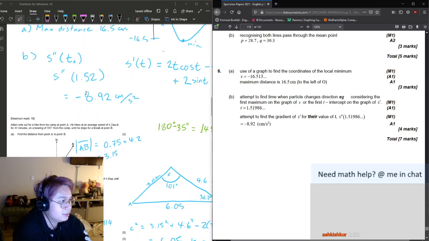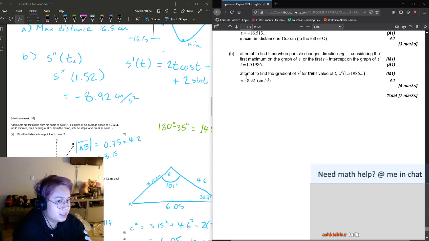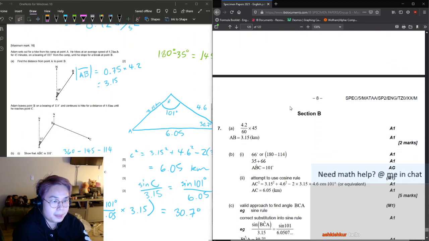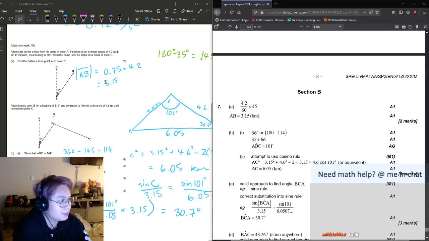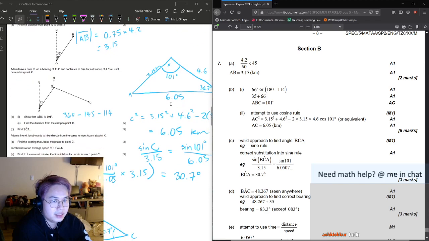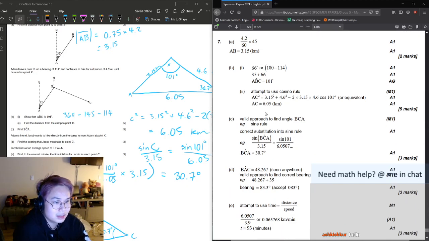Second derivative, negative 8.92, negative 8.92. We have 3.15. 101, we just showed that pretty easily. 101. 6.05 kilometers.